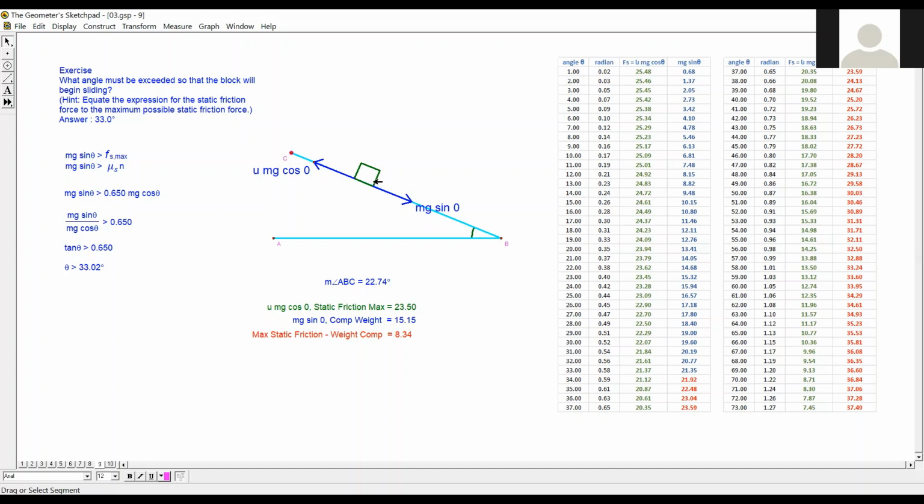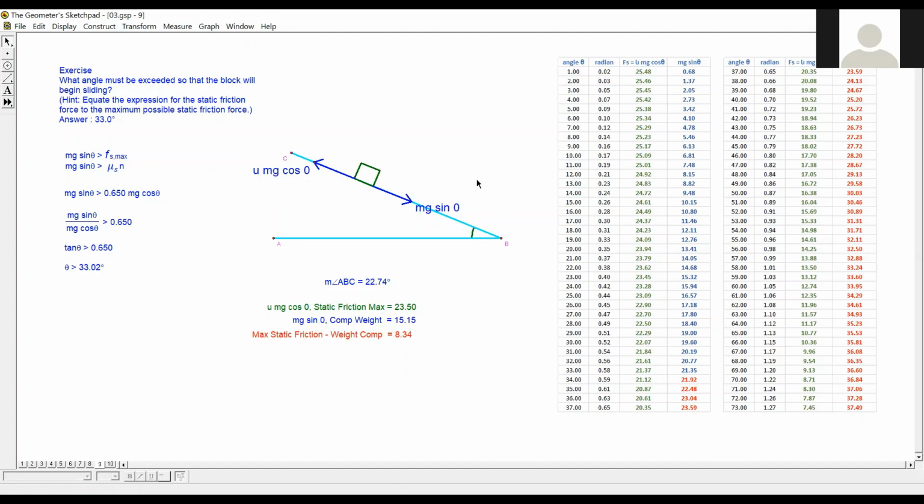So the component of the weight we know is mg sine theta. So these two components, they oppose one another. I would like to know when this component mg sine theta is bigger than the frictional force.